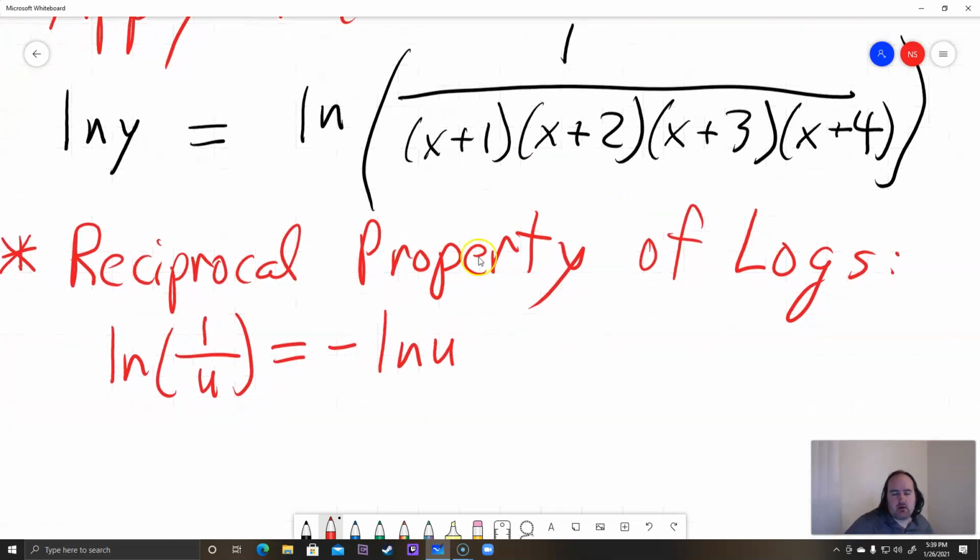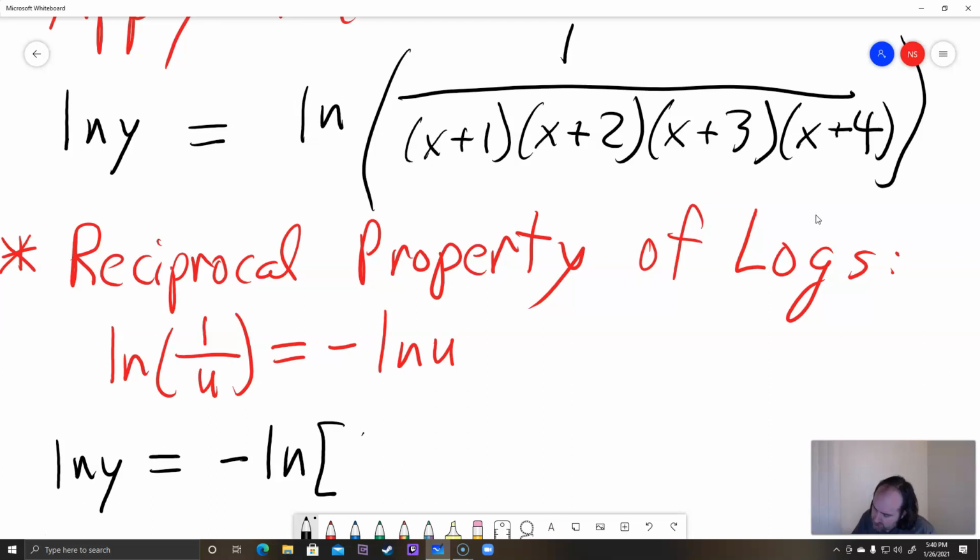Okay, so here, this ln of 1 over all of that is just the same as negative ln of the entire denominator. So if we do that, we're going to get ln of y equals negative ln of x plus 1 times x plus 2 times x plus 3 times x plus 4.